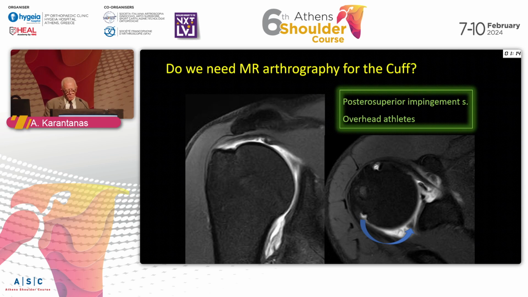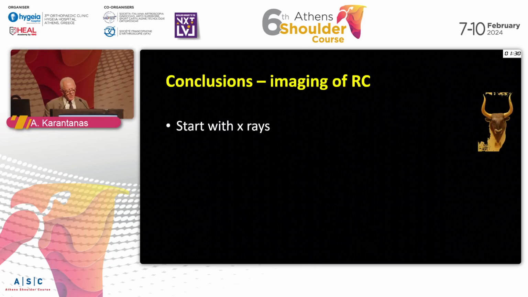And as a result, we have 3 important findings: subcortical cysts, labral tear or degeneration, and small tears in the undersurface of the infraspinatus muscle and tendon, or the posterior part of the supraspinatus.